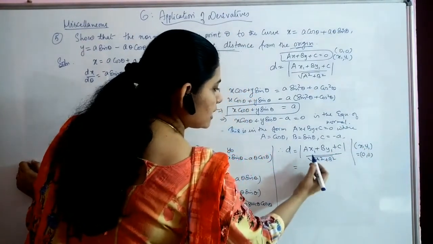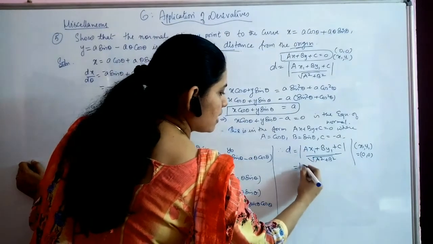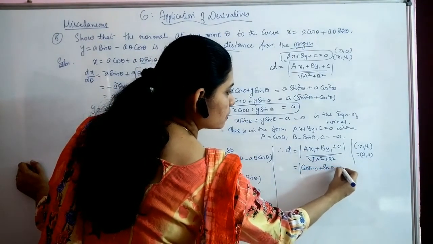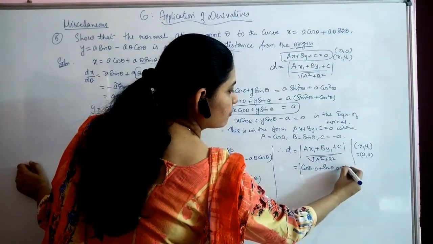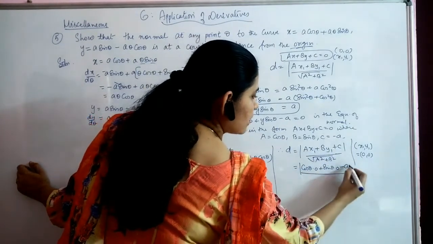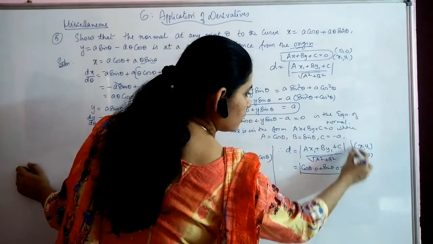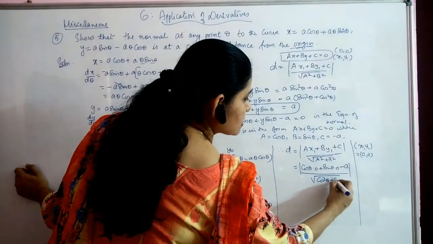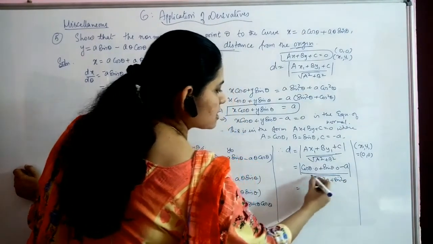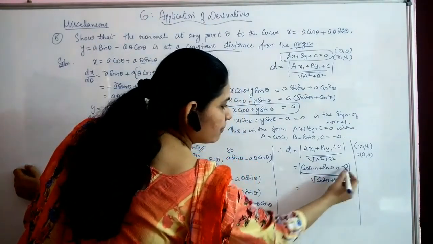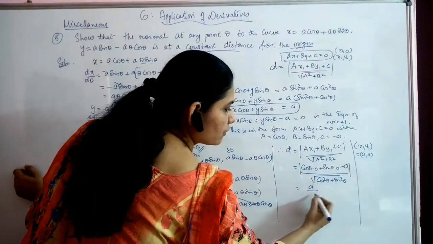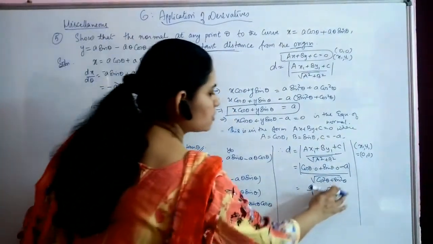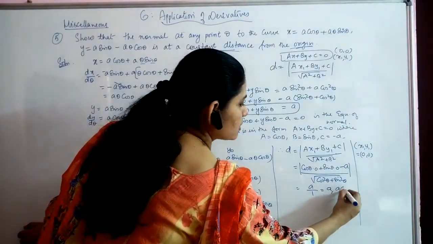So here you will get cos theta into 0 plus sin theta into 0, and here you will have minus a, and since you have modulus sign, it will become positive a. Root of cos square theta plus sin square theta. That means this will give you mod of minus a divided by root of 1. So distance is a constant. You can write it is equal to a, a constant.